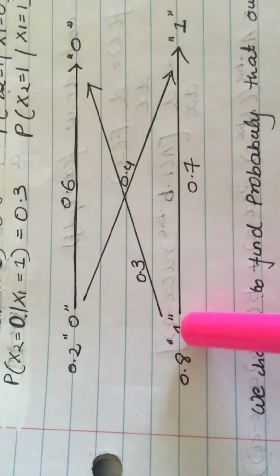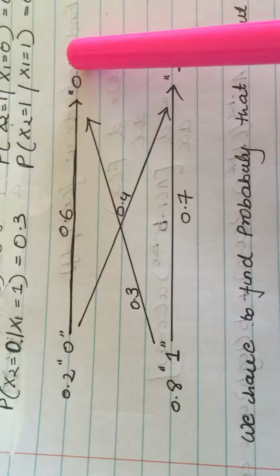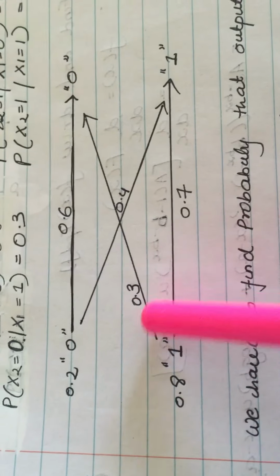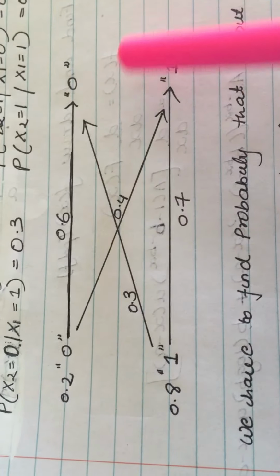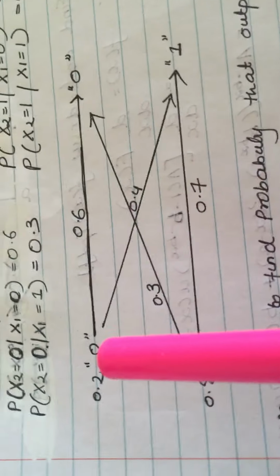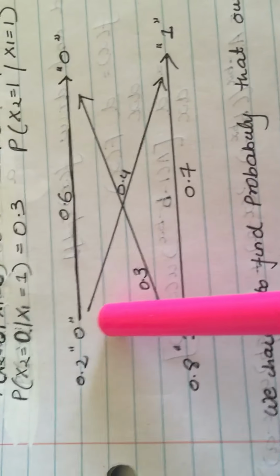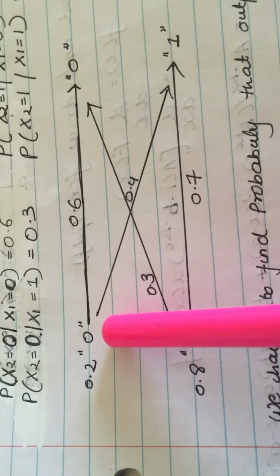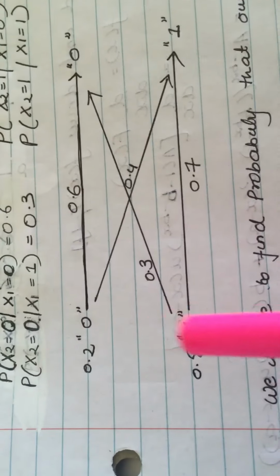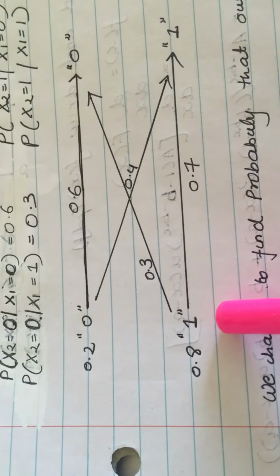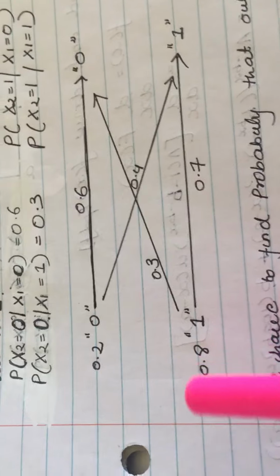Given that input is equal to 1, the probability of getting an output 0 is 0.3. And given that input is equal to 1, the probability of getting an output 1 is equal to 0.7. Also, the probability that input is 0 without any condition is 0.2, and probability that input is 1 without any condition is 0.8. Our first question is find probability x of 2 is equal to 1.